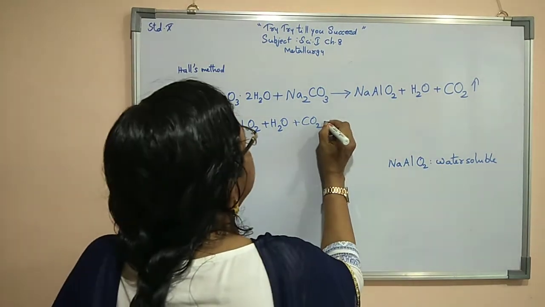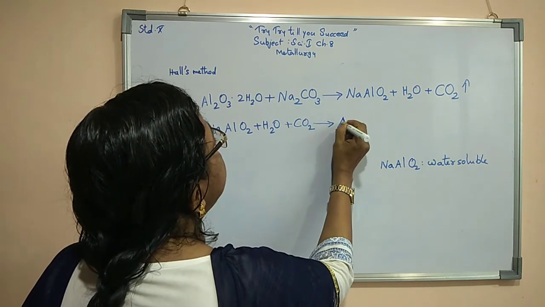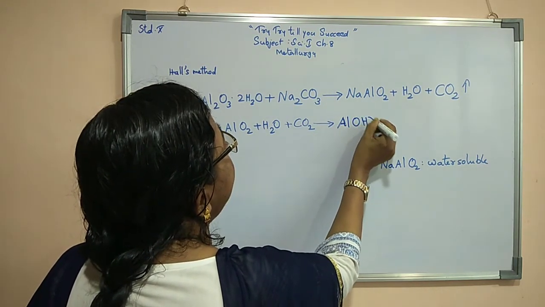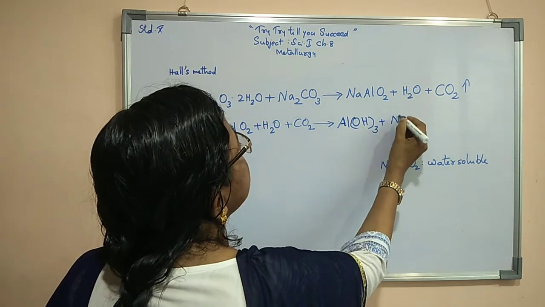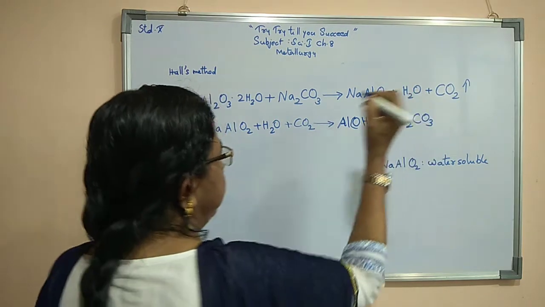As a result of it, we will get aluminium hydroxide Al(OH)3, along with that sodium carbonate Na2CO3 will form.